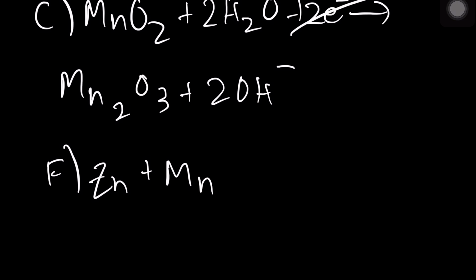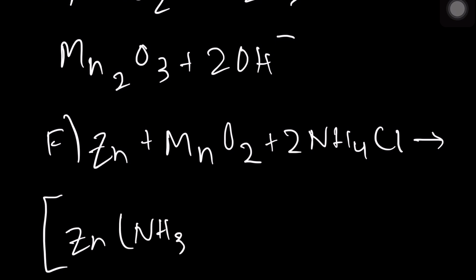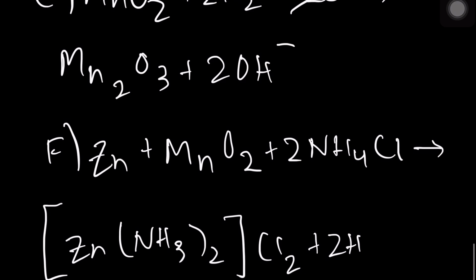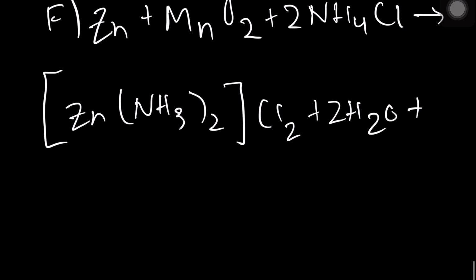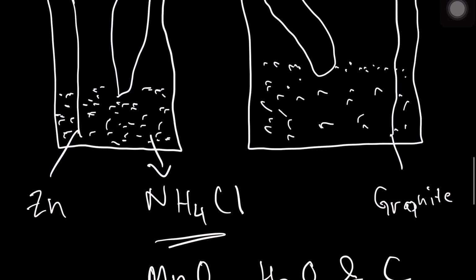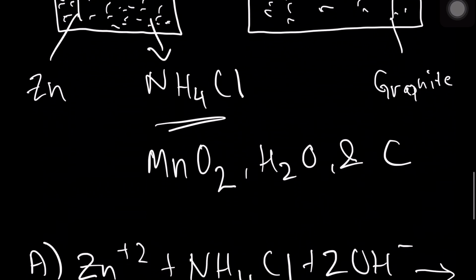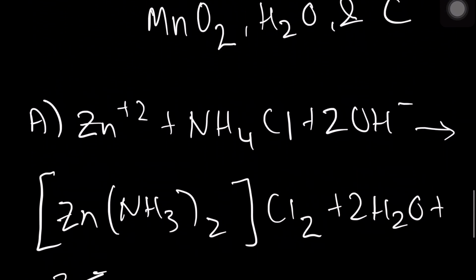So our final reaction will be zinc plus manganese oxide and 2 ammonium chloride will give rise to a diamminedichlorozinc complex, two water molecules, and manganic oxide, and that is all.